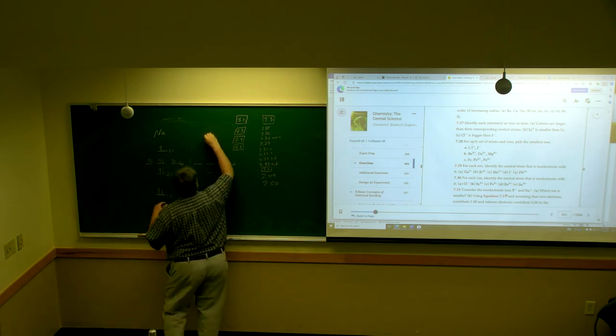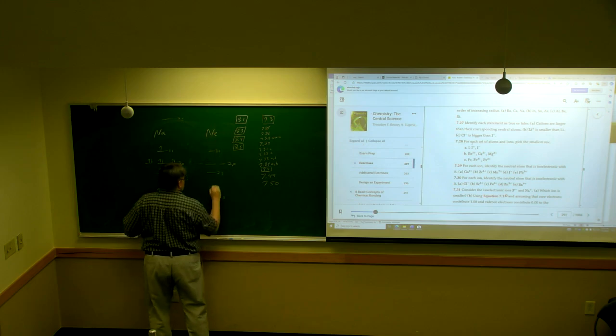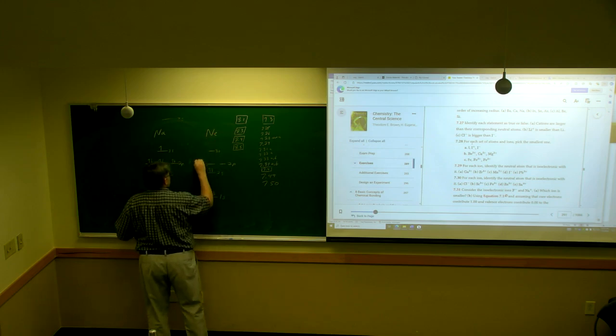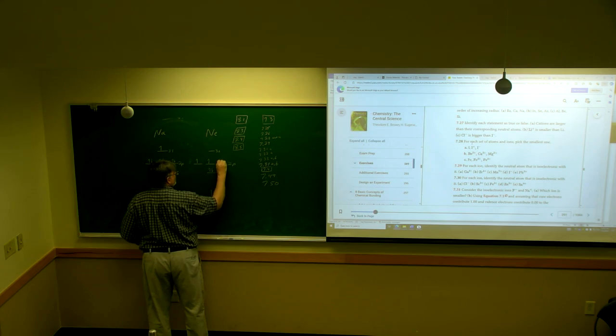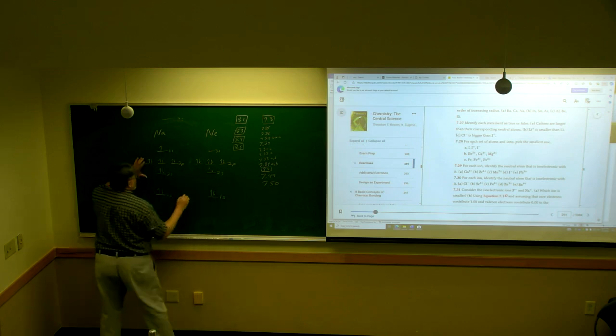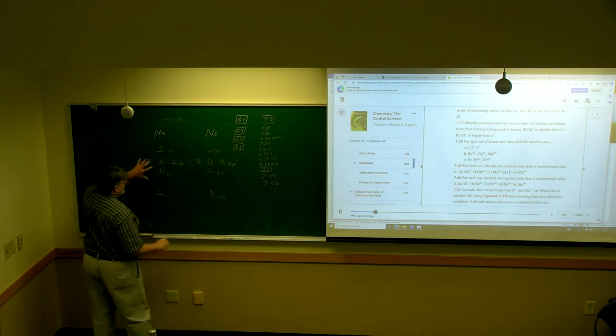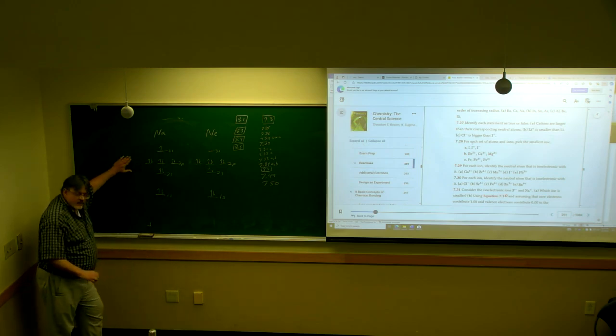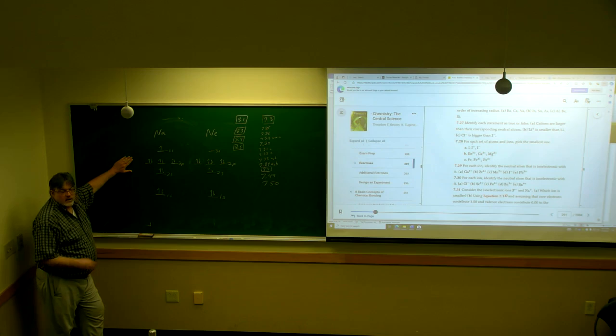Sodium, neon, yes, neon. So these here are the 2 level, this is the 1 level. This is the neutral electron configuration for sodium. But you already know this about sodium. If I said, what is the charge on sodium when it's an ion?